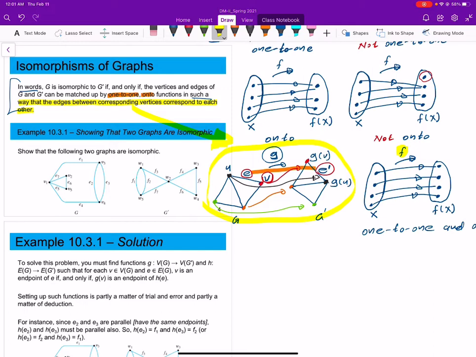Isomorphism is something like you are checking whether one graph is a rearrangement of labels of the other graph. These are the labels. So if you rearrange the labels of one graph, you have to make sure that you can get the other graph. If that happens, they are isomorphic.